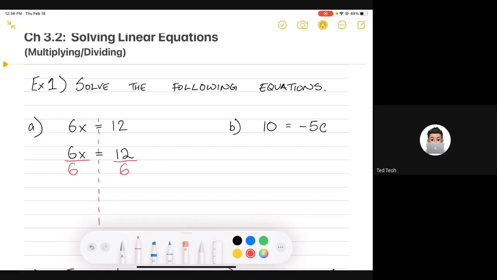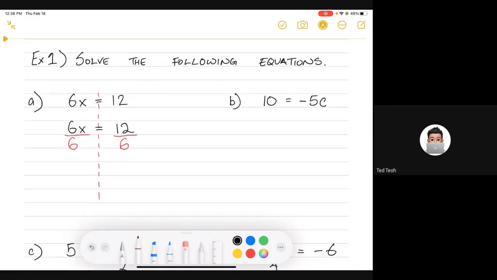Whatever the number is in front of the letter is the number I'm going to divide both sides by. From there, I have 6 divided by 6 on the left side, which gives me 1, and then the x comes down. And on the right side, I have 12 divided by 6, and that's 2.